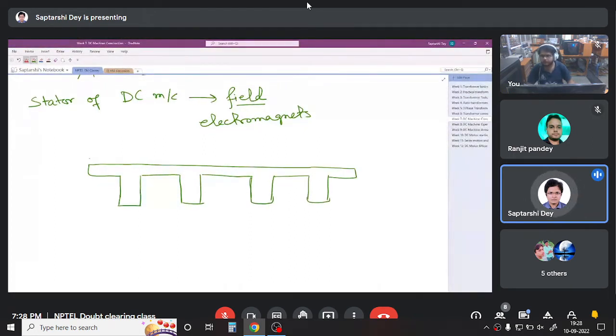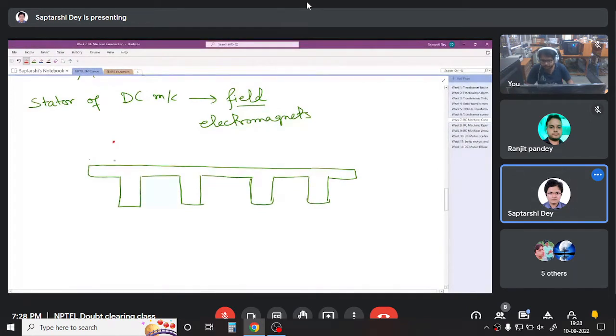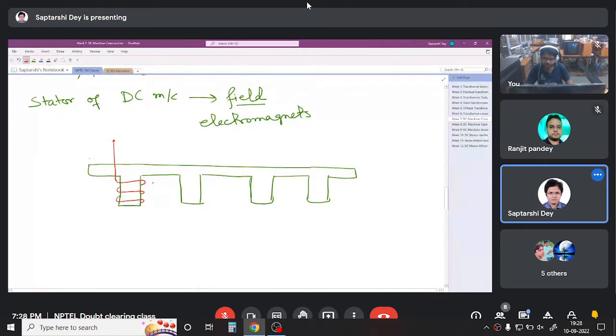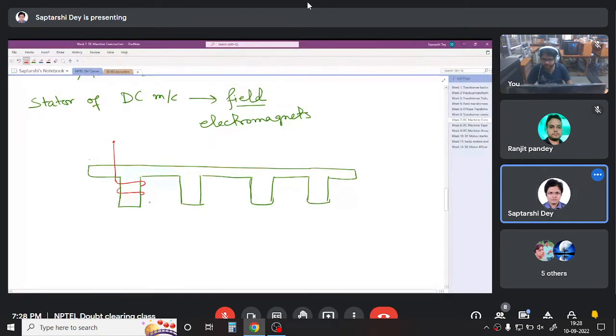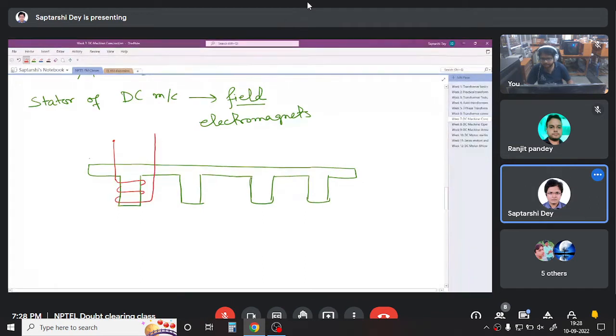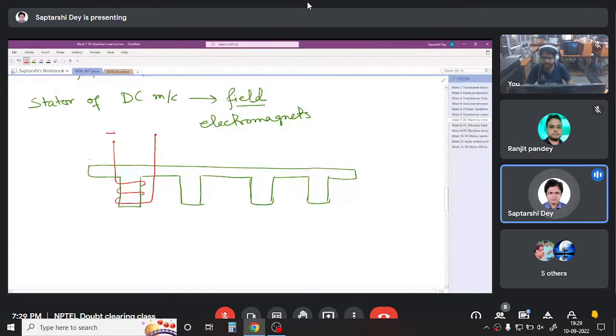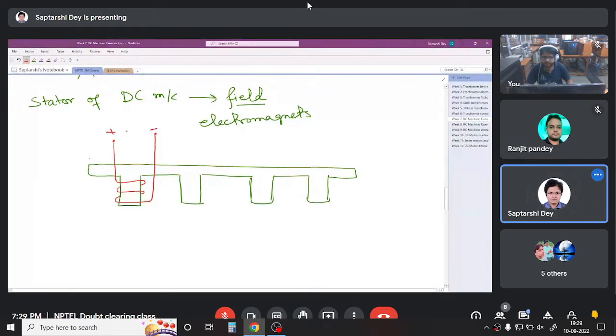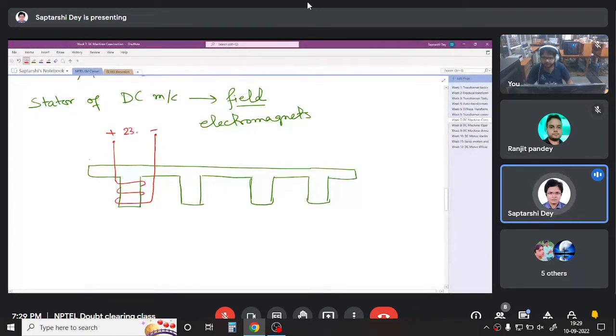Now I will draw the winding with red. Suppose a winding comes like this, comes like this, and it goes up. Say I have a DC supply here, say some 230 volt DC supply.